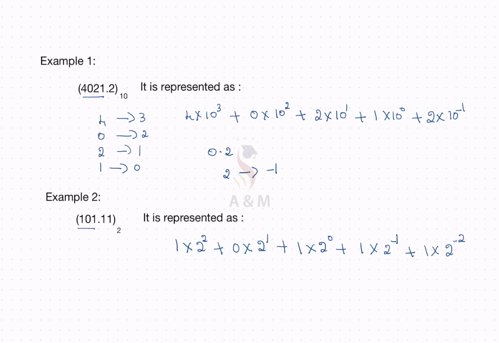Consider the integer part, that is 101. The 1 is in the position of 0, 0 is in the position of 1, and 1 is in the position of 2. Consider the fractional part, that is 0.11. Here, 1 represents position minus 1. This 1 represents the position minus 2.